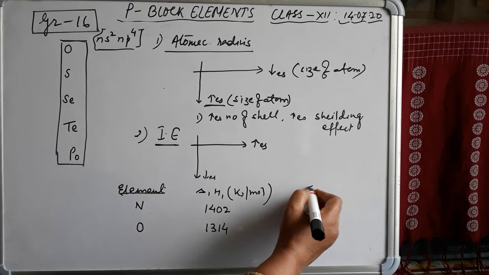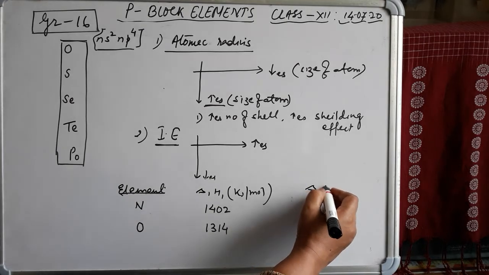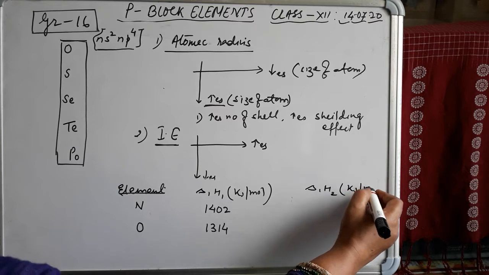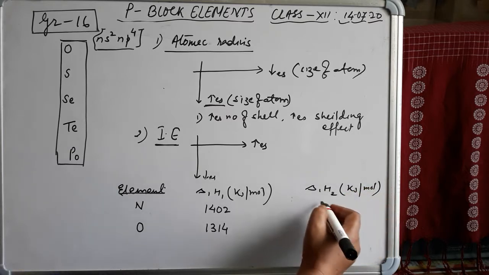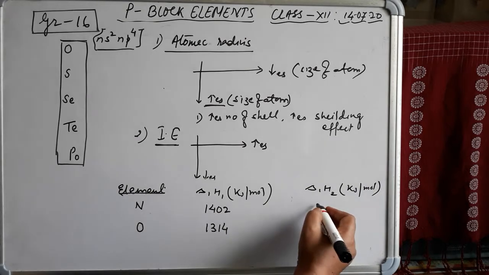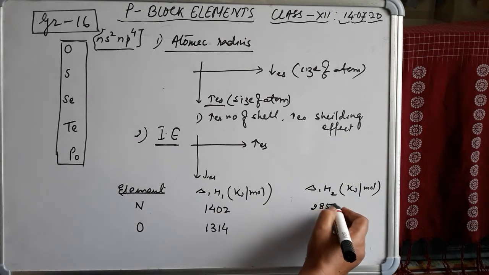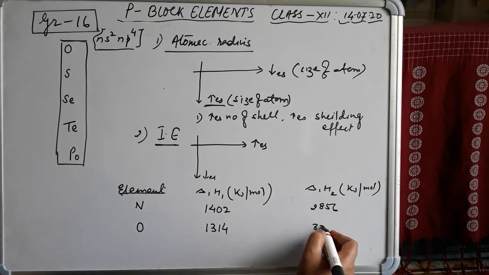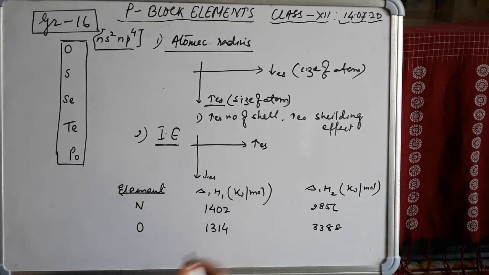But when we talk about the second ionization enthalpy, also in kilojoule per mole, the second ionization enthalpy of nitrogen is 2856 and that of oxygen becomes 3388. Why?